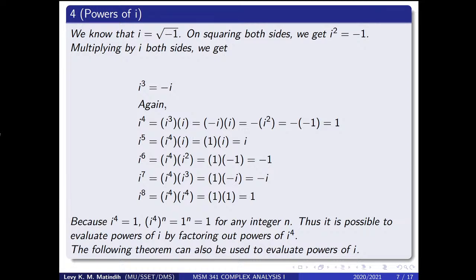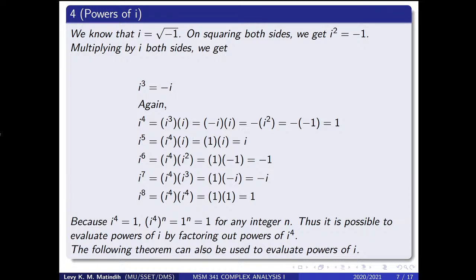Now, if the square of i is equal to -1, what happens if we multiply both sides of this equation by i?